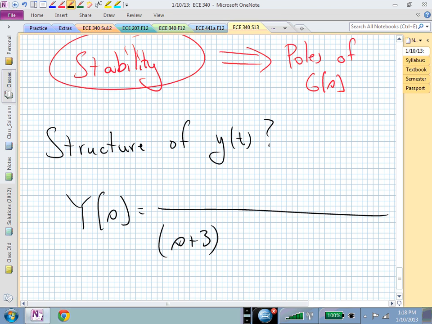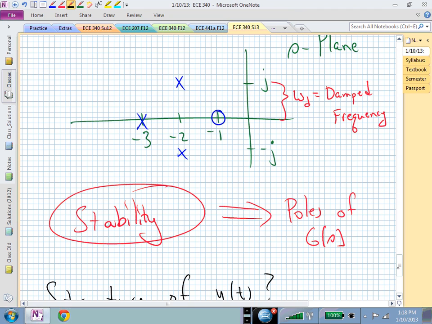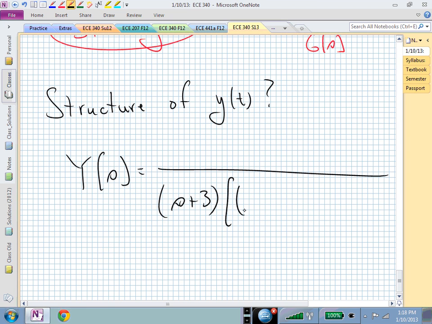I also have two complex conjugate poles. And we're going to learn how to write those in the following form. We're going to say that has a real part of -2 and an imaginary part of omega sub d. And so the complex pole combination is S plus 2 quantity squared plus omega sub d squared. If you look at this, for a value of S equal to -2 plus j1, this will vanish.